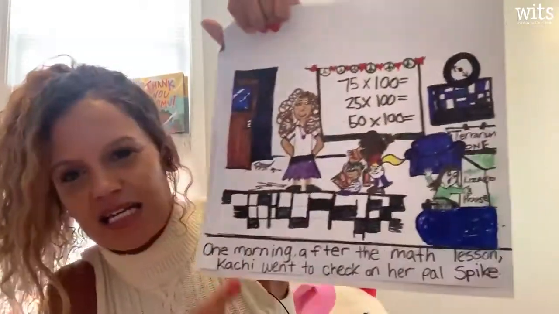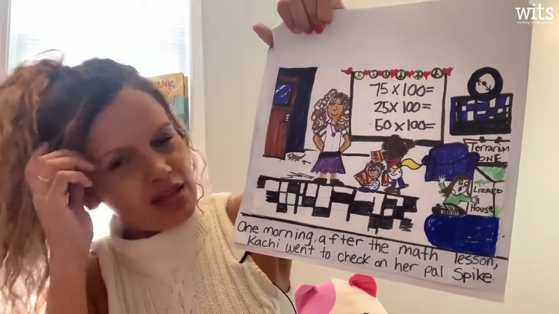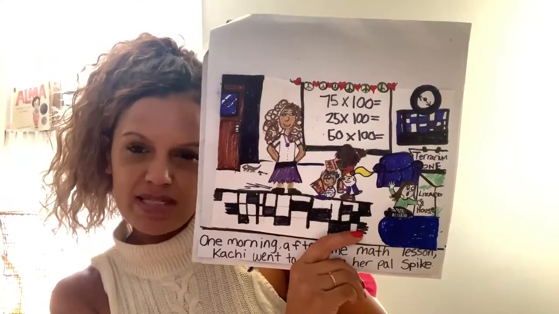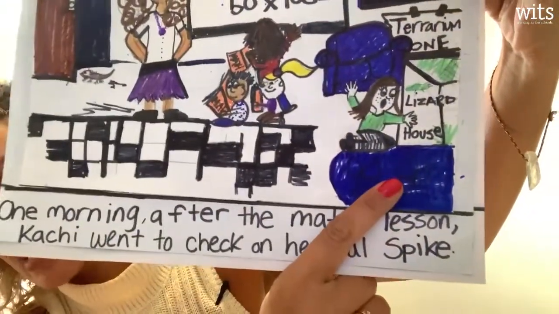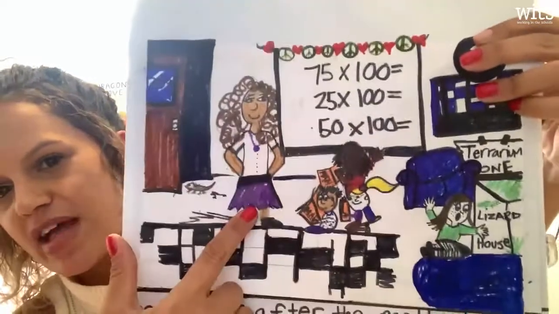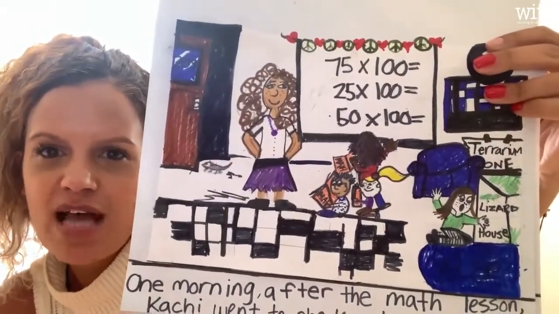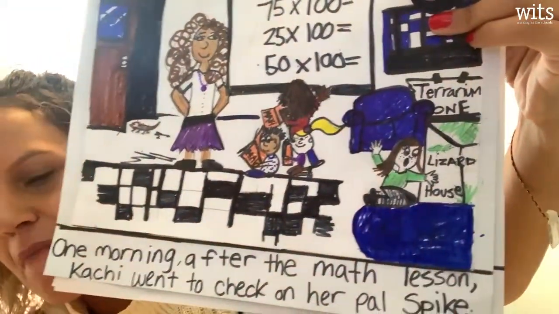And this is a scene, the setting of after math, right after math, when Kashi noticed Spike was missing. That is Kashi. That's me. That's some kids on the rug. I would have kids on the rug after math sometimes to help with a little extra math. This is the terrarium.